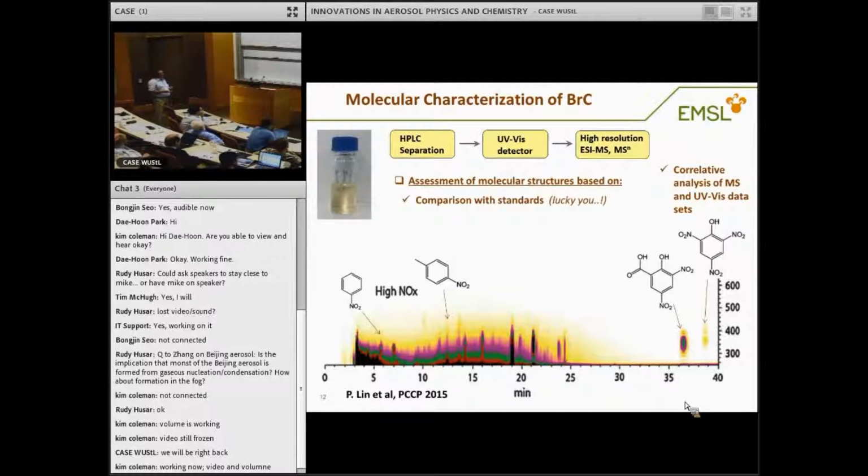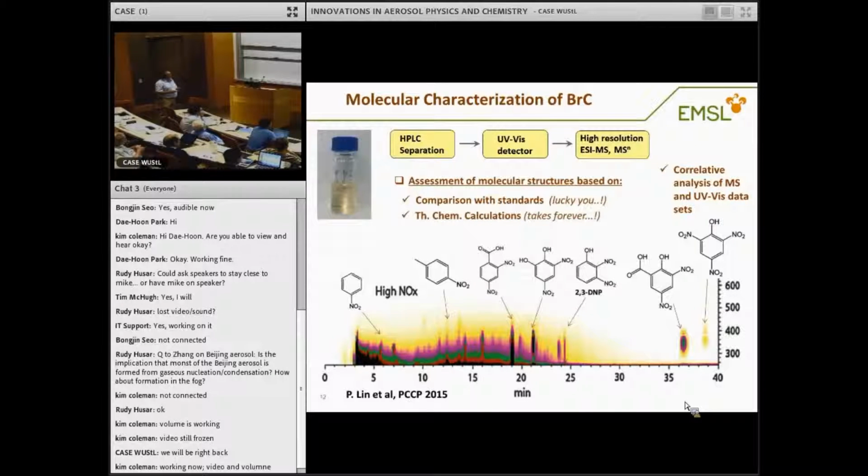But in reality, even for the toluene system, the number of products is so large and the system is so complex that it's really a lucky case when we can confirm anything with a standard. We can also suggest some molecular structures by means of theoretical chemistry calculations. But of course, it's a long process. It also needs to be driven by some hypothesis and so on.